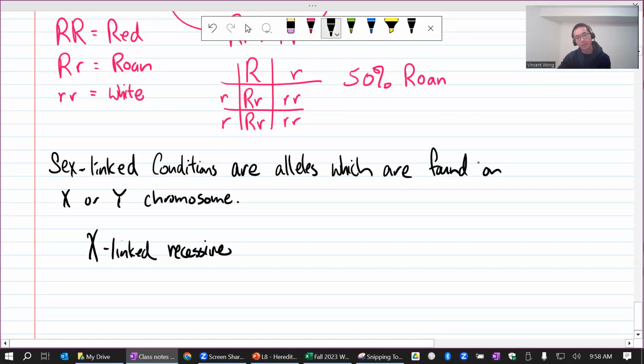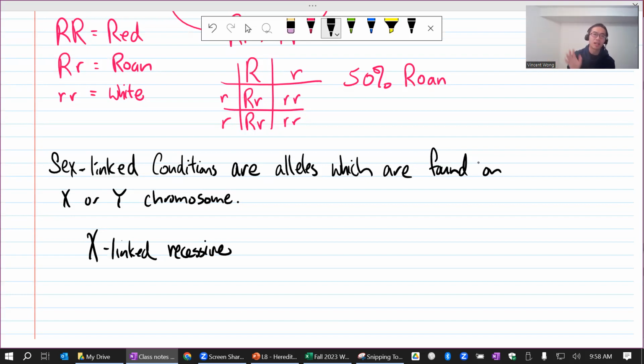Actually it's guys, okay? Males are more likely to get it because males only have one X, right? We're XY. So if you inherit the mutated X, you automatically have the disease or condition, right? But for female, because they're XX, they need 2 copies of the mutated version to have the condition, right?